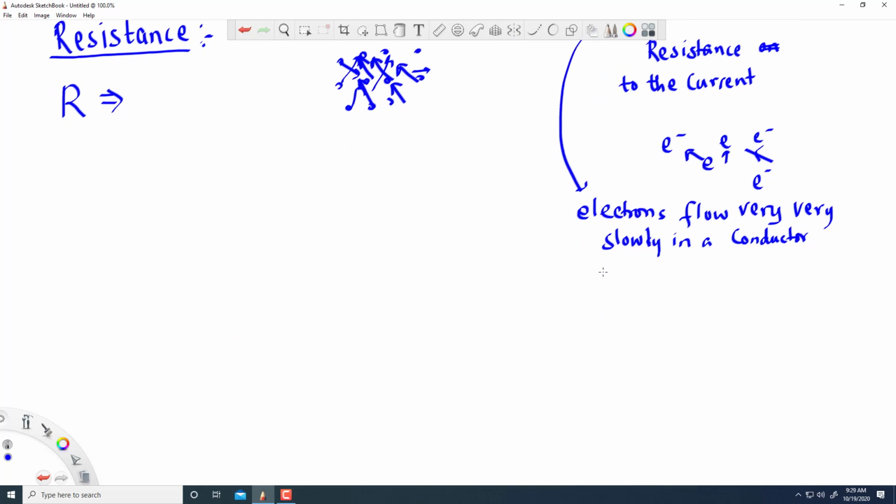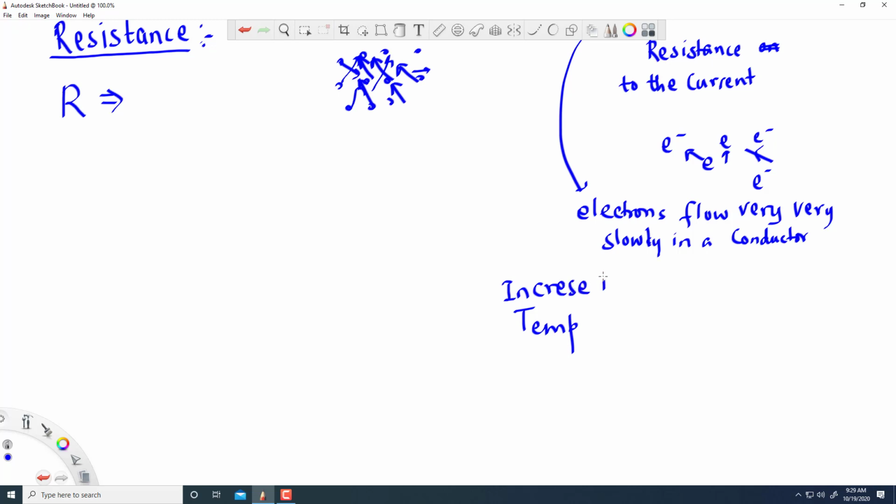We know that as we increase the temperature, there is more and more vibration of the electrons, and when the electrons vibrate more, there is more bumping with each other, and more bumping means there is more resistance. There's lower speed of the electrons. So an increase in temperature decreases the flow of current or increases the resistance.